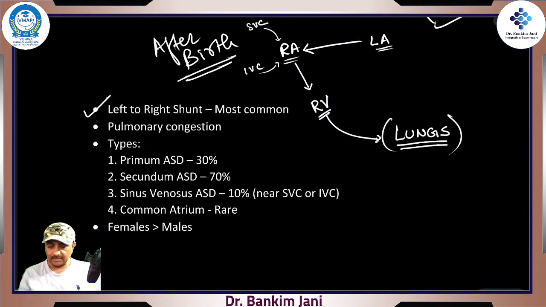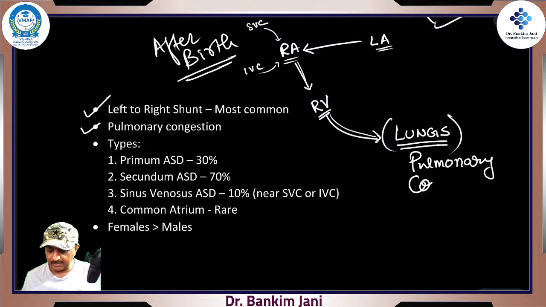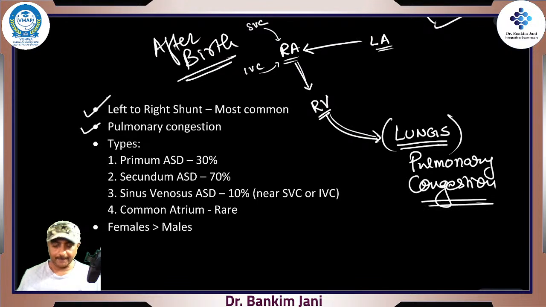And this entire gush of blood is constantly putting load on the lungs, and that leads to the second thing, which is called pulmonary congestion. Can we see it? Definitely we'll be able to see it within a few minutes. This pulmonary congestion is the prime thing we will see. So everything will be related to pulmonary congestion.